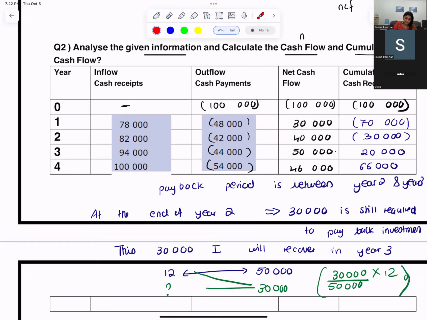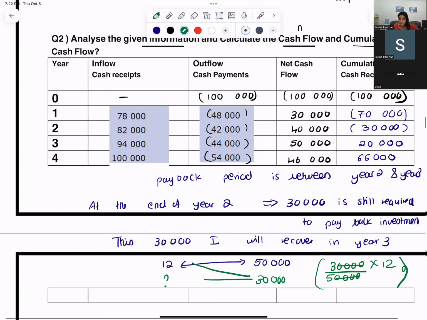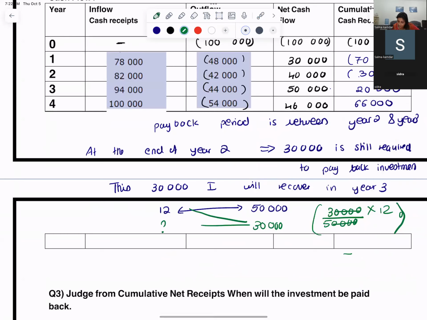That is 3 into 12 divided by 5, so 7.2. In 12 months, 50,000 was earned, so how many months for 30,000? 7.2 months.